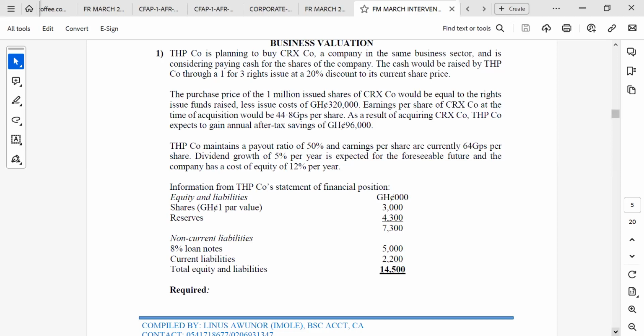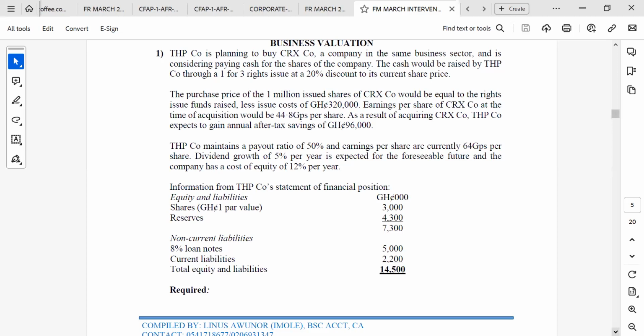The current earnings per share is 64, and we are paying 50% of the earnings as dividends, so 50% of that will be 32 pesos.